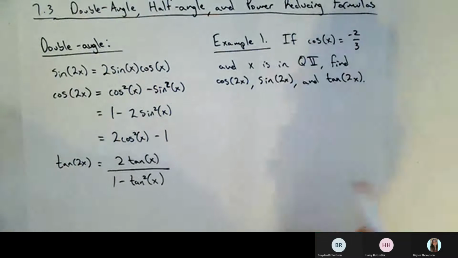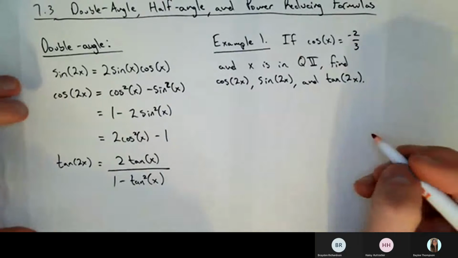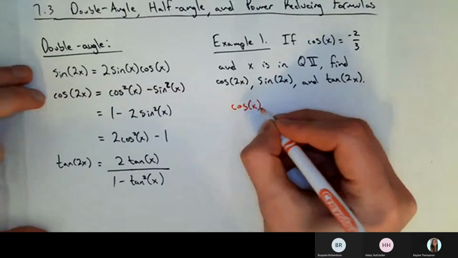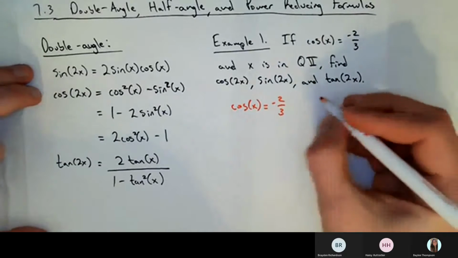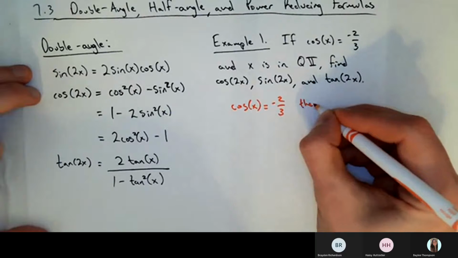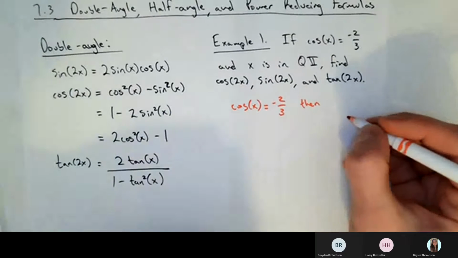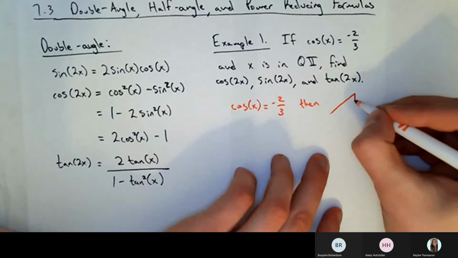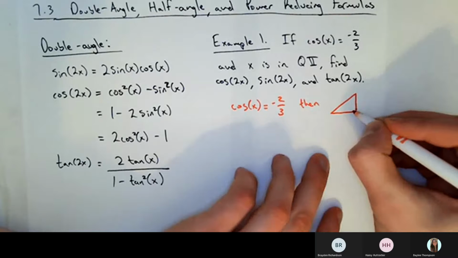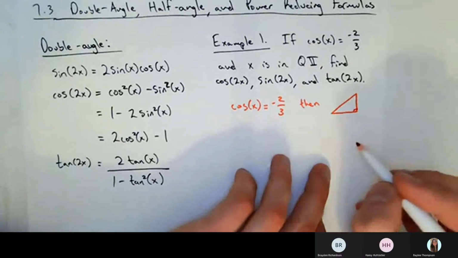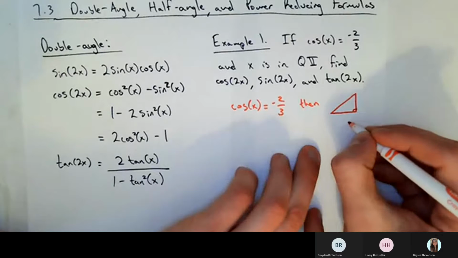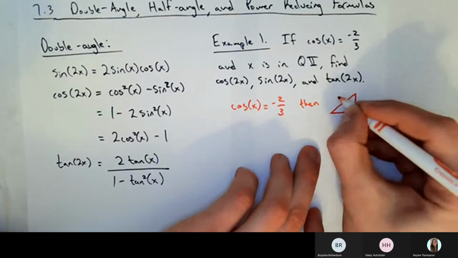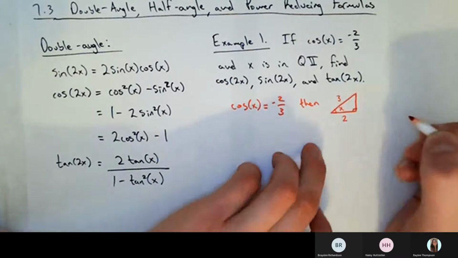And how do I do that? I say, well, if I have cosine of x equals negative 2/3, then that means I have some triangle, and if I just ignore the sign on the minus sign, I know that there's some triangle that has an adjacent side of 2 and a hypotenuse of 3 with some angle x.